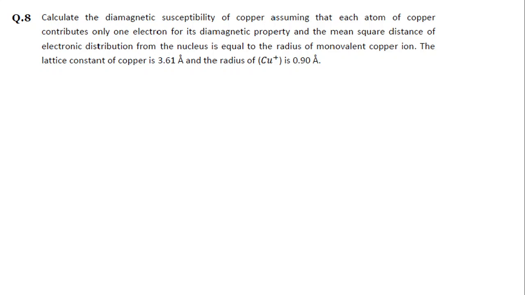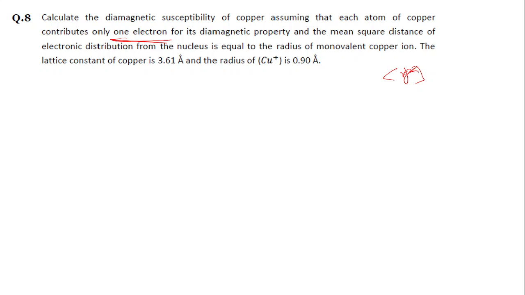Calculate the diamagnetic susceptibility of copper, assuming that each atom of copper contributes only one electron for its diamagnetic property, and the mean square distance of the electron contributing from the nucleus is equal to the radius of the monovalent copper ion.